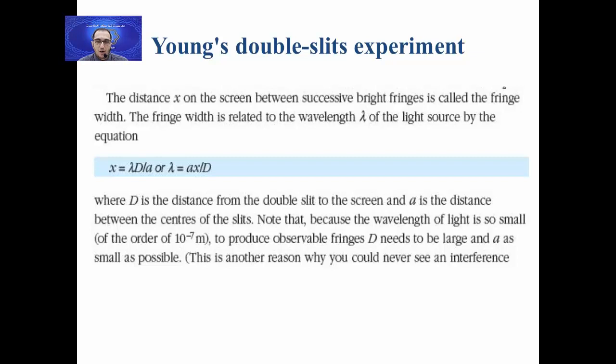We can find the value of wavelength. So how can we use it? We have some distances and expressions in this experiment that are very important. Number one, x. What's x? X is the distance on the screen between successive bright fringes, and it is called fringe width.